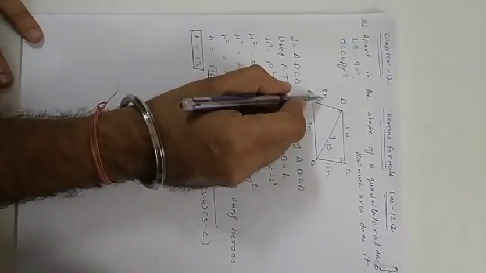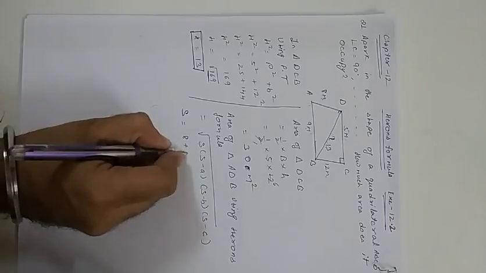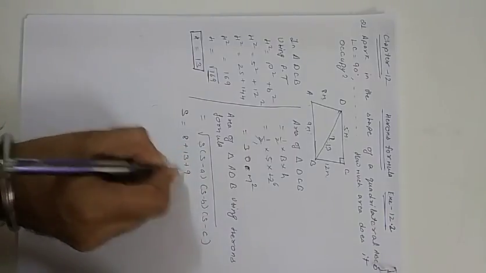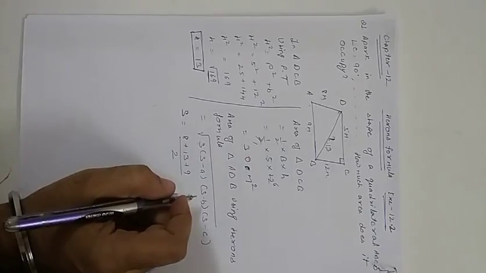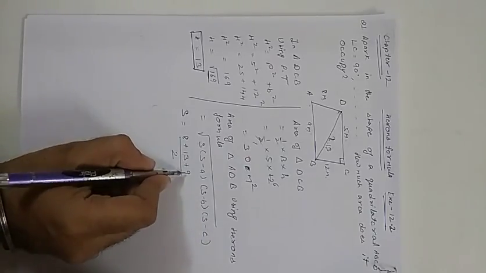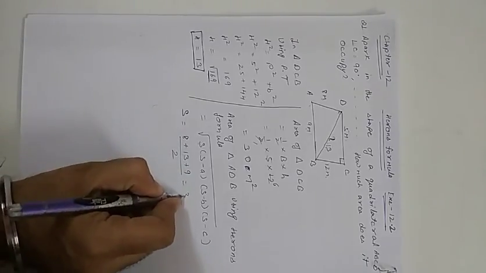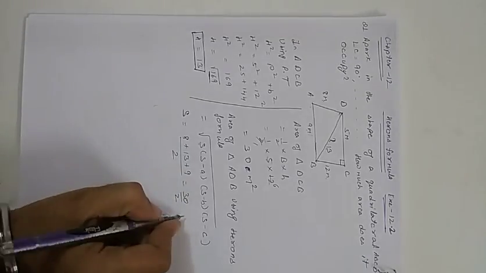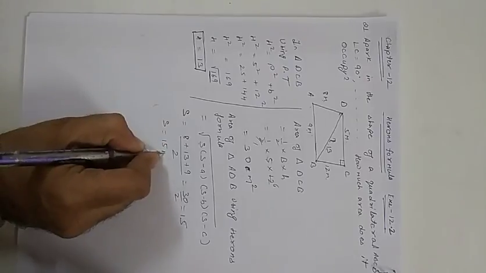First we have to find S. So S equals A plus B plus C divided by 2. That is 8 plus 13 plus 9 divided by 2. So 13 plus 9 is 22, 22 plus 8 will be 30. So 30 divided by 2, we got 15. So the value of S is 15 meter.